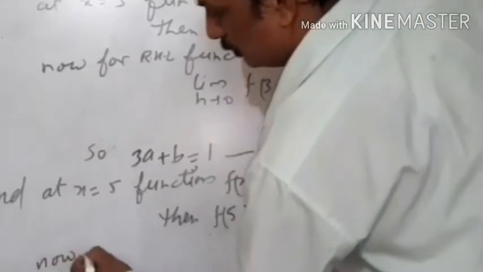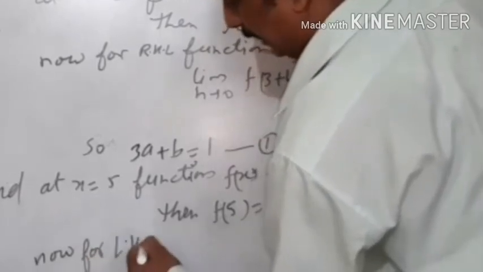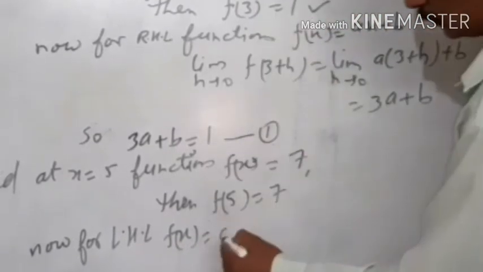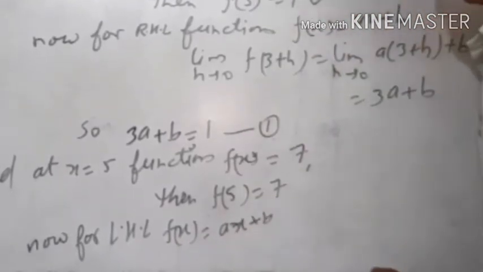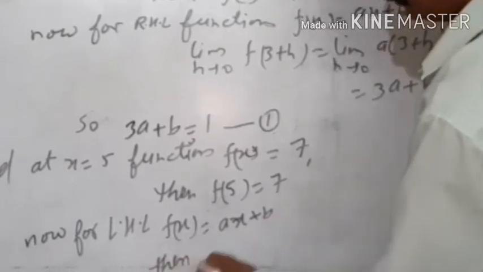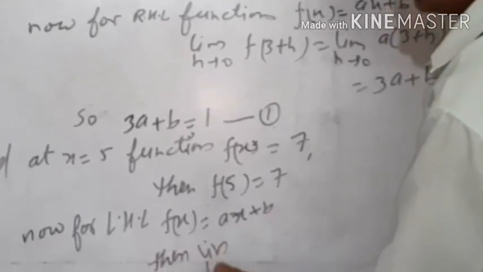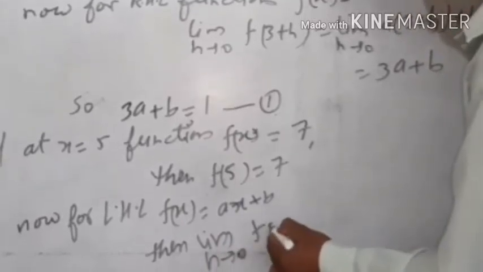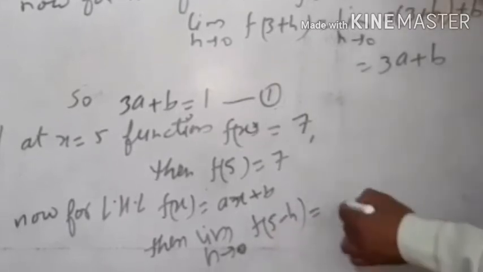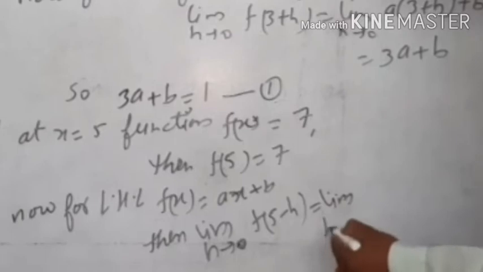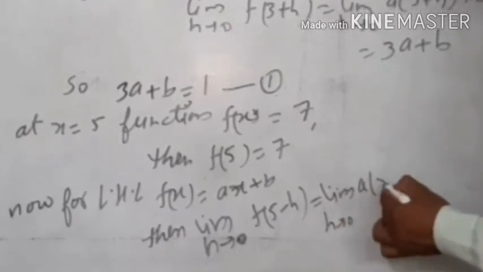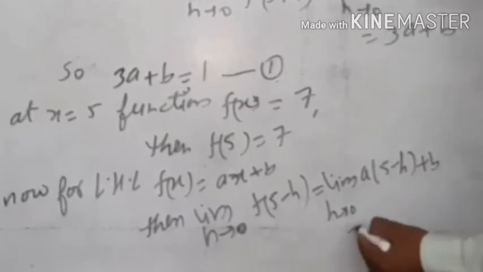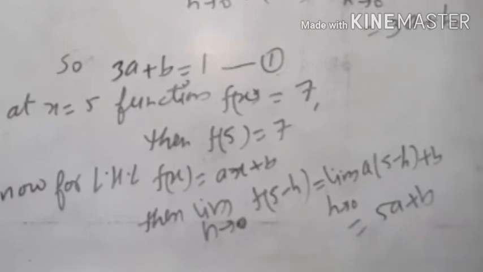Now for LHL, function f(x) is equal to ax plus b, then limit h tends to 0, f(5 minus h) is equal to limit h tends to 0, a(5 minus h) plus b. Is that clear? And it is 5a plus b.